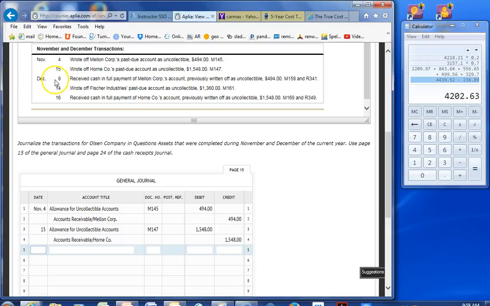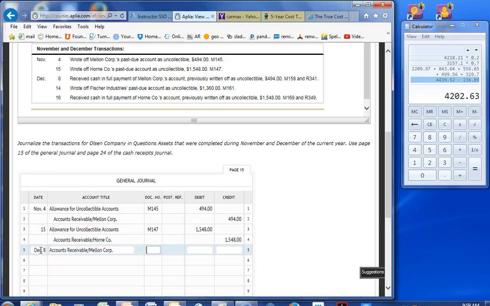Okay, moving on. December 8th, received cash in full payment of Mellon Corp's account previously written off as uncollectible. Cool. So December 8th, accounts receivable, Mellon Corp.